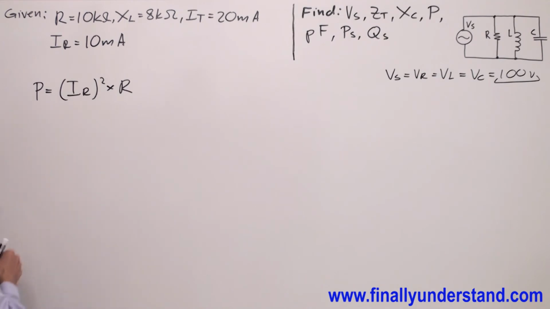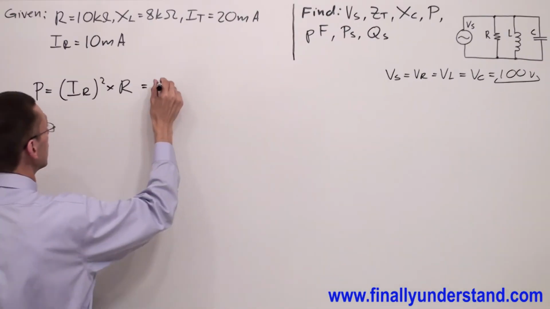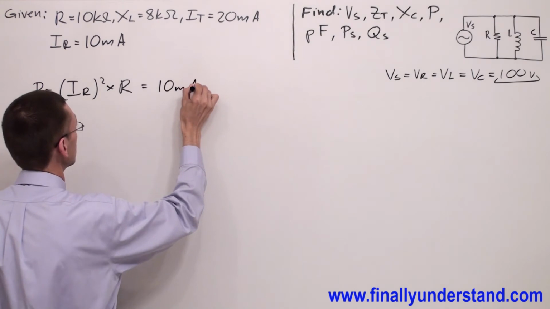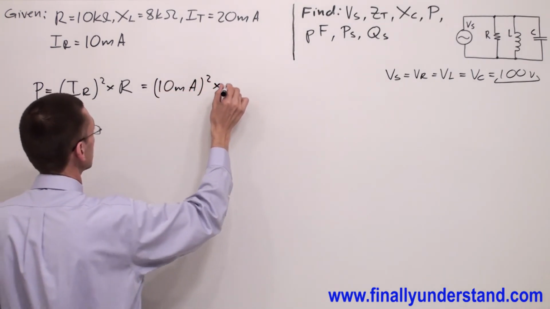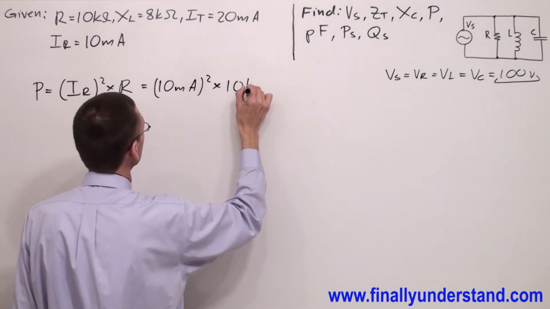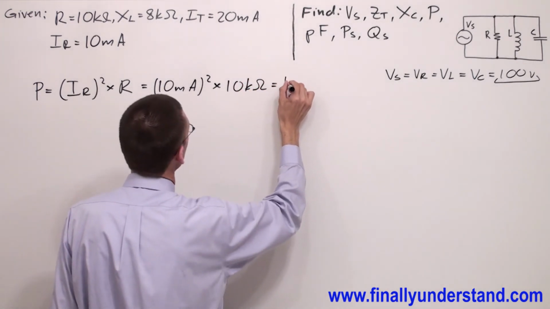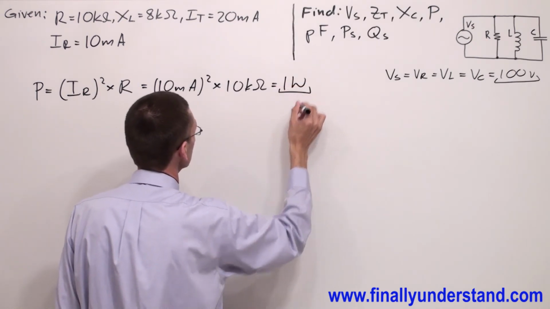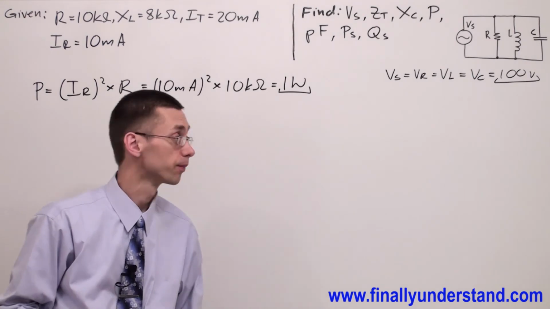That's why I'm using this form of the power formula. So this is equal to 10 milliamps raised to the second power times the resistance, 10 kiloohms. This is equal to 1 watt. So this is the true power in my parallel circuit.